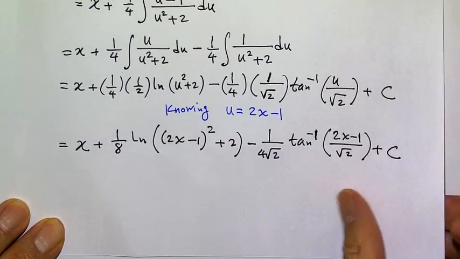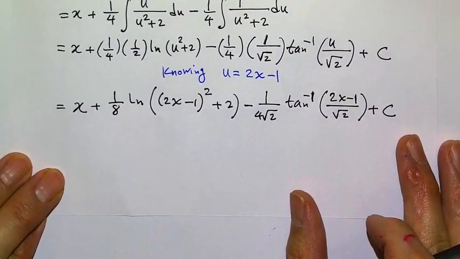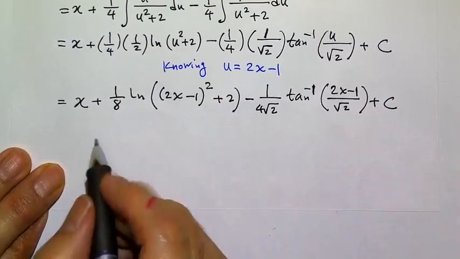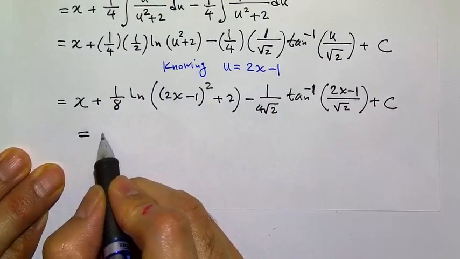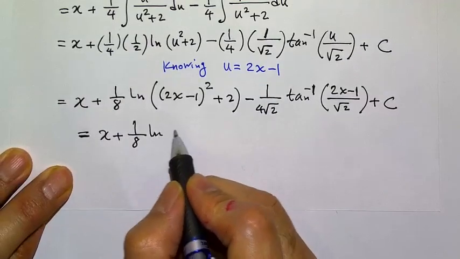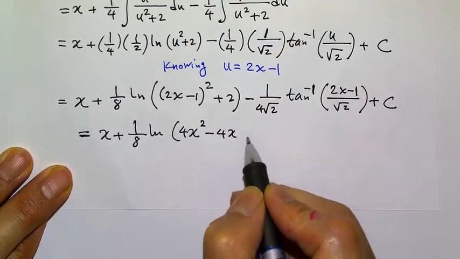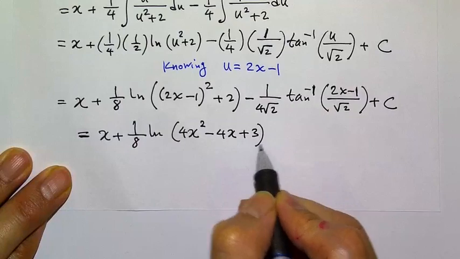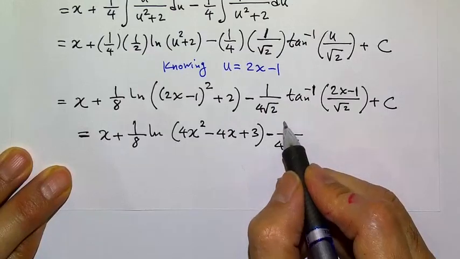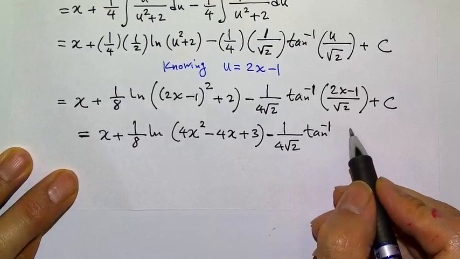And so what do we have then? I guess I can fit the rest of it here. We can expand this and simplify it a little more. And I think it should fit right here. x plus 1 over 8 natural log of 4x squared minus 4x plus 3 minus 1 over 4 square root of 2 inverse tangent of all of that.